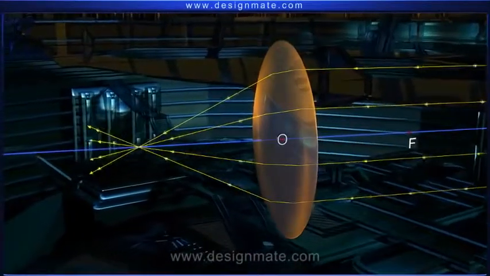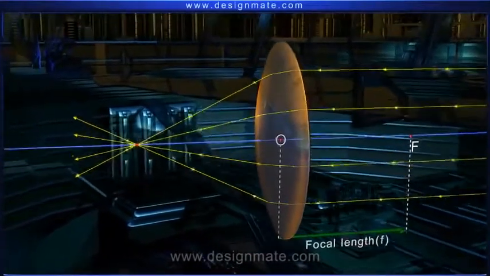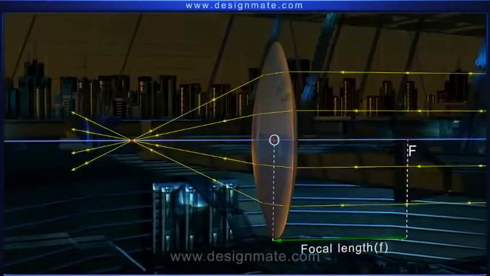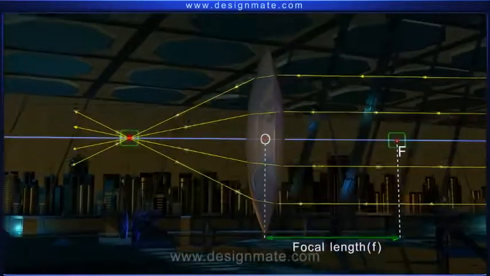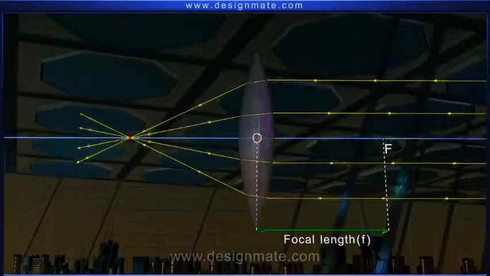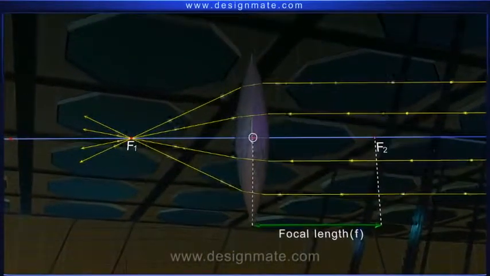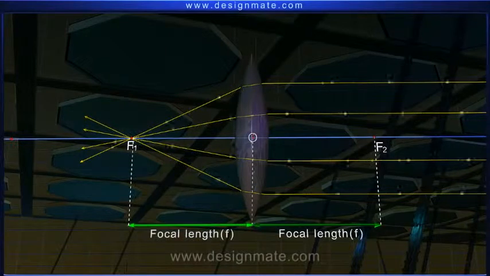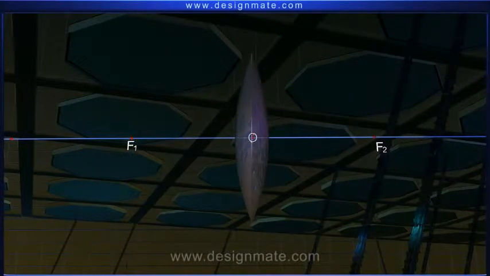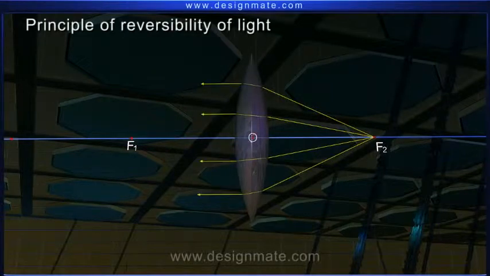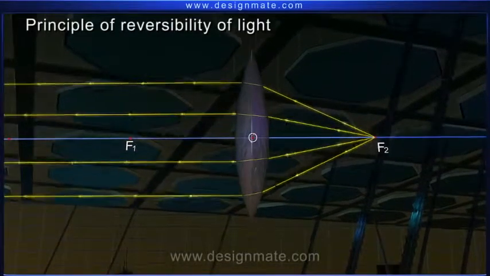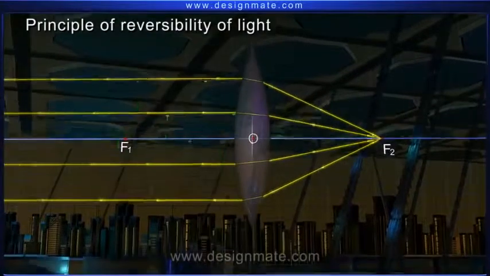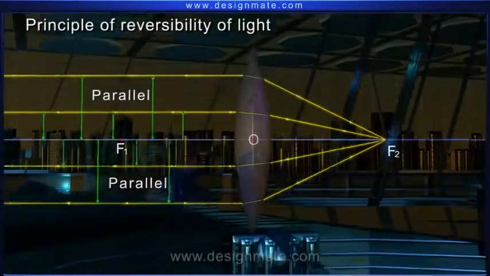This lens has the same effect on light incident from the other side. Therefore, a convex lens has two focal points, usually represented by f1 and f2, one on each side, equidistant from the optical center. According to the principle of reversibility of light, a ray of light passing through the focal point of the convex lens emerges on the other side of the lens parallel to its principal axis.